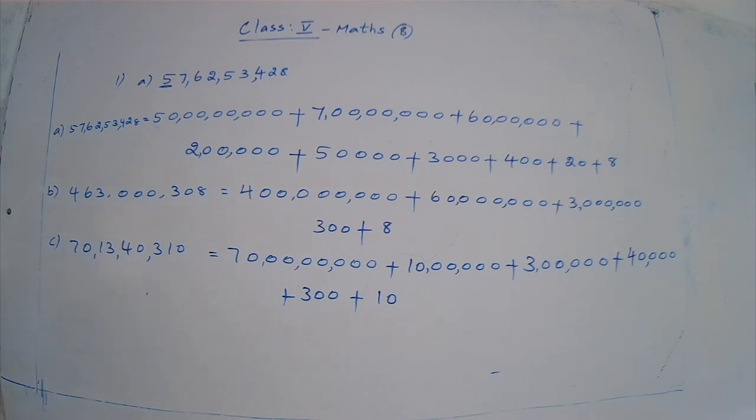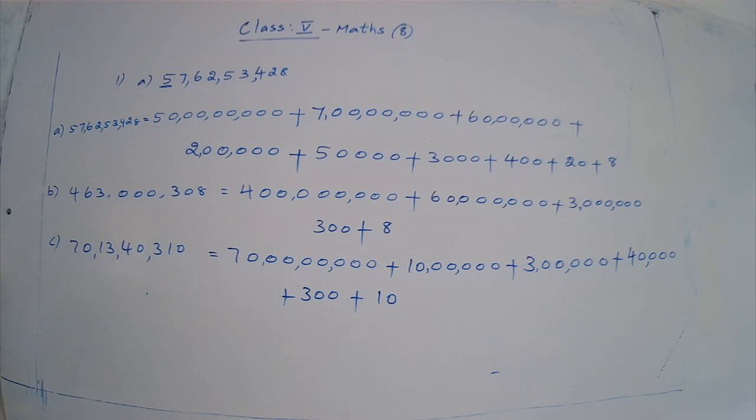Okay, then remaining, how many questions are there? D, E, F, G. Yes, these 4 sums are homework. Remaining 4 sums are there in page number 14, question number 1.